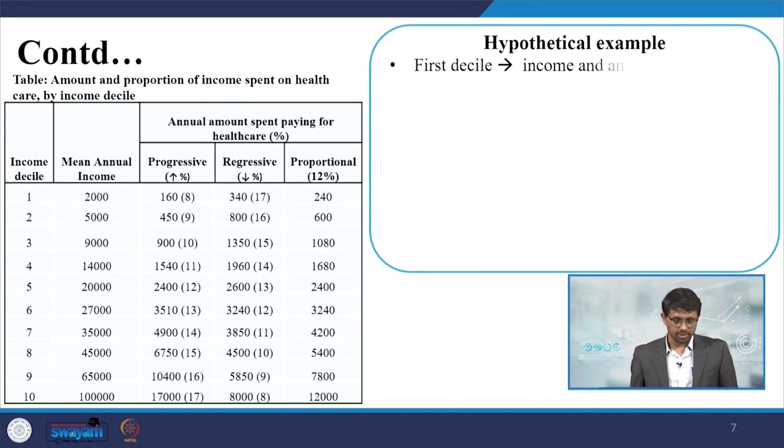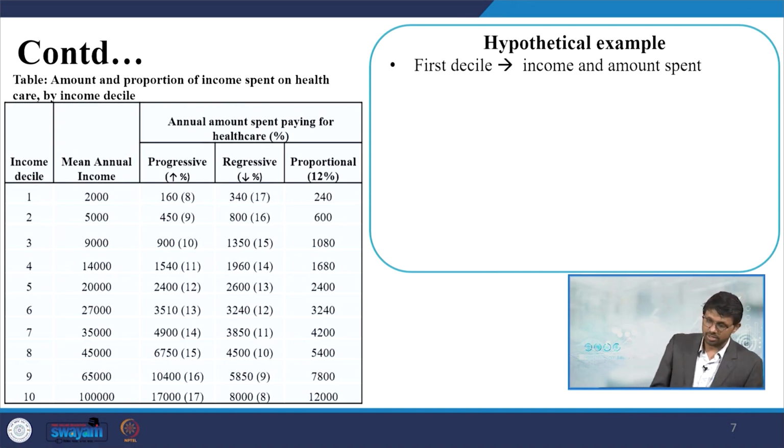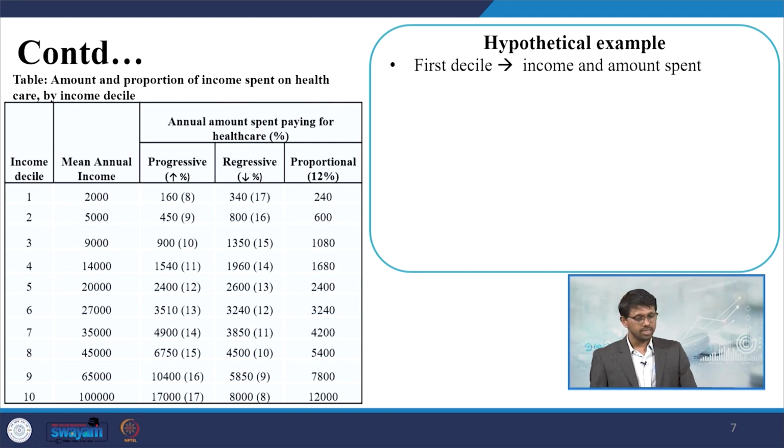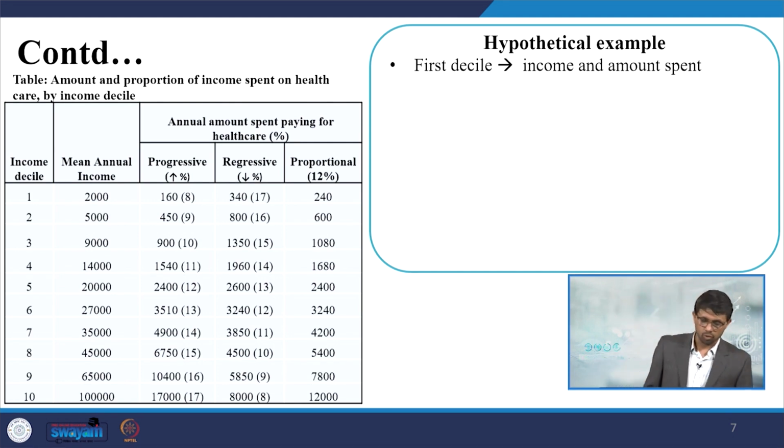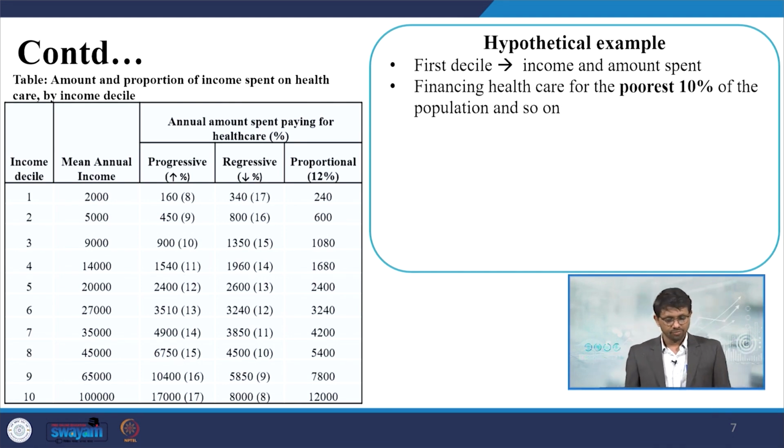Now, so far as the first decile is concerned, you can see their income and the amount spent. With the rise in income, we are comparing what percentage they are actually spending.